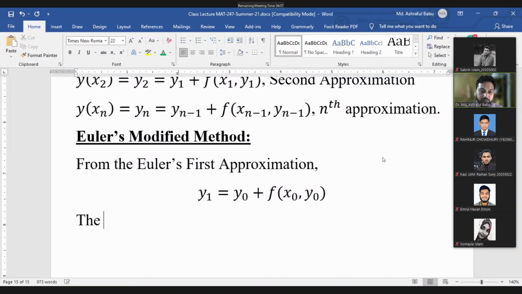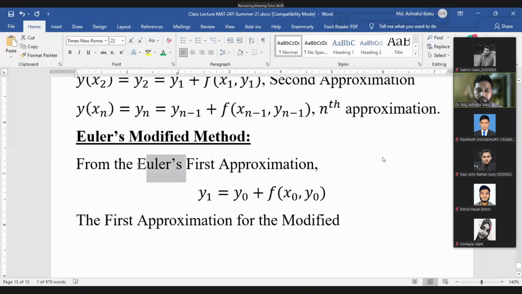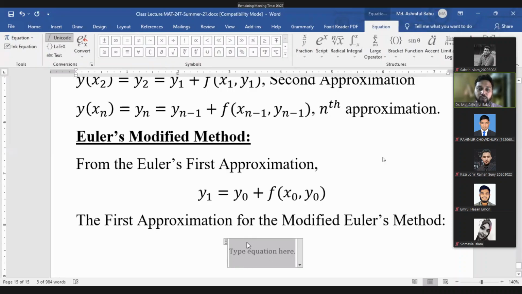So the first approximation of the modified Euler's method will be y1 of 1 within a bracket, equal to y0 plus h by 2.